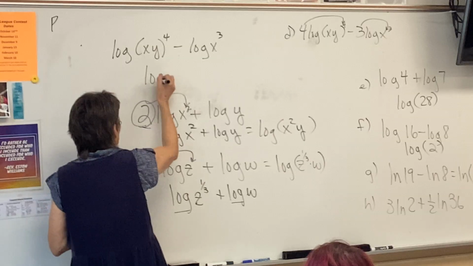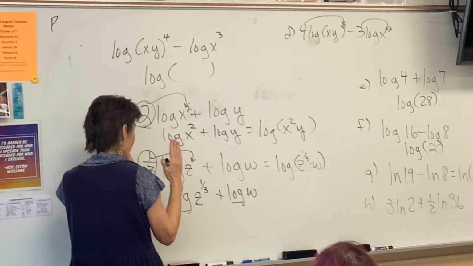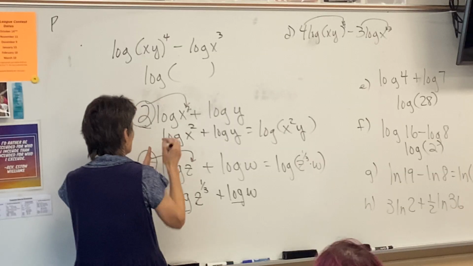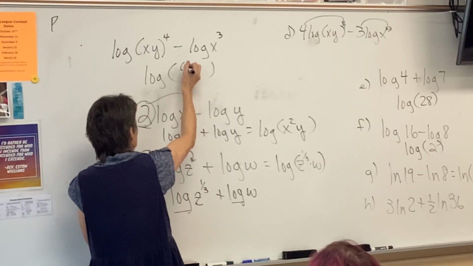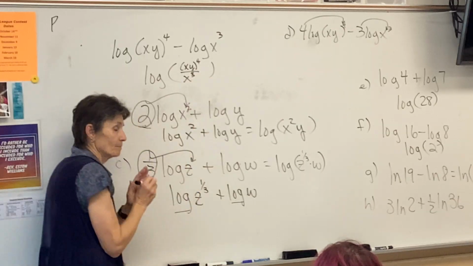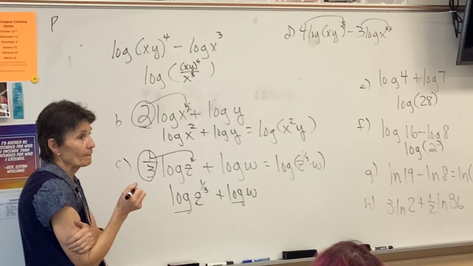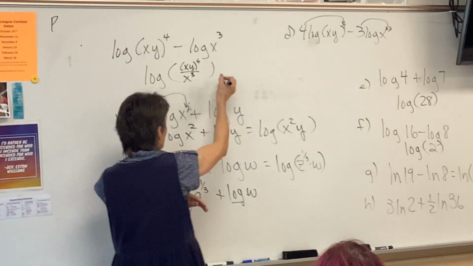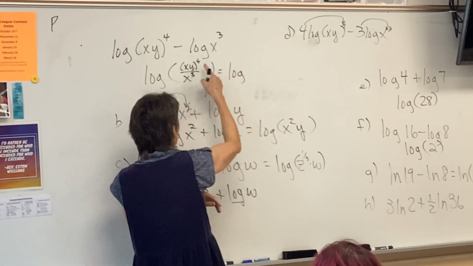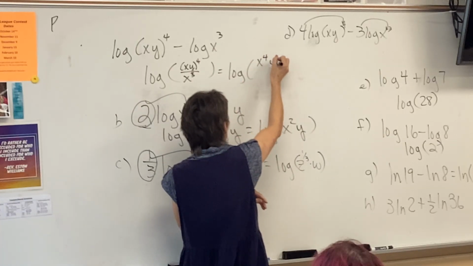What do I do with log minus log? I put it together and it becomes a division. Now, as Brian said, that 4 goes with the x and the y.